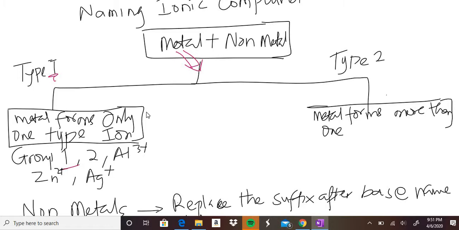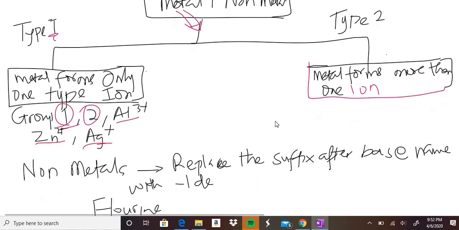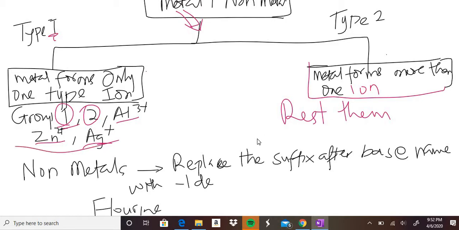We can find these type 1 metals in group 1, group 2, aluminum, zinc, and silver. Type 2 metals form more than one type of ion. Where can we find this in the periodic table? The rest of them, it is the rest of all the metals beside what we have here.